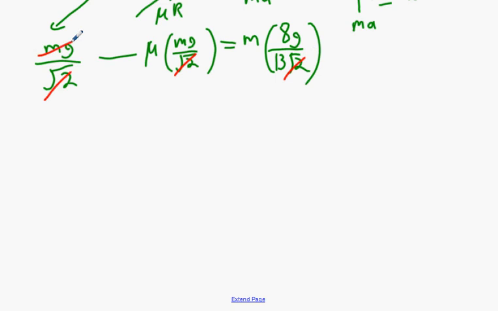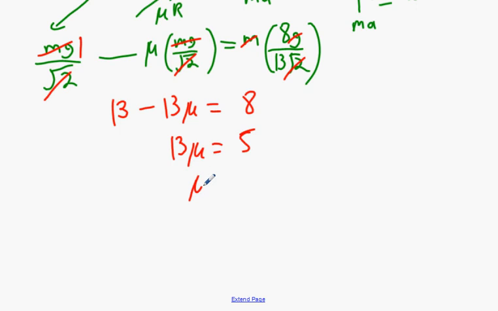Oh, the mg's. And then we're going to cross multiply the 13. 13 minus 13 mu equals 8. 13 mu is equal to 5, so mu equals 5 over 13.